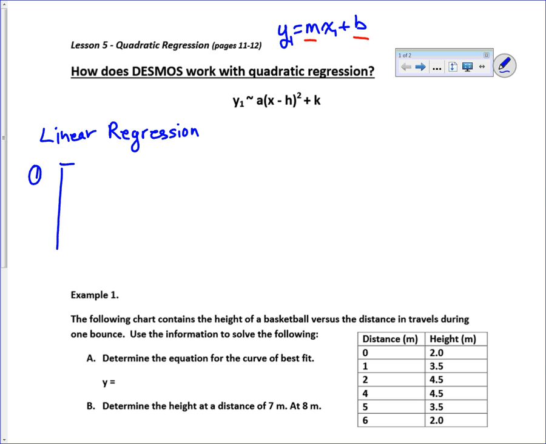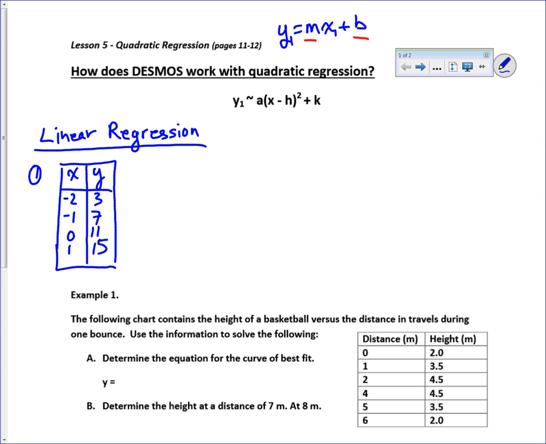So suppose I had a table of these points: -2, -1, 0, 1, and 3, 7, 11, and 15, right?